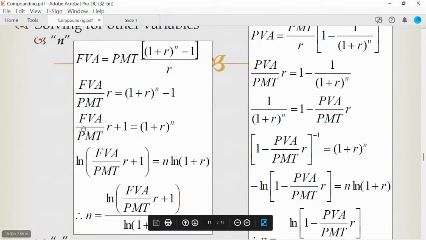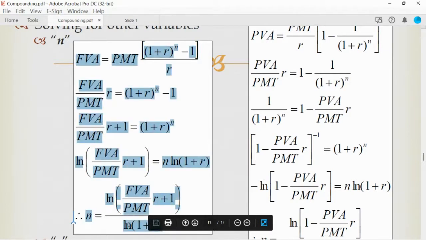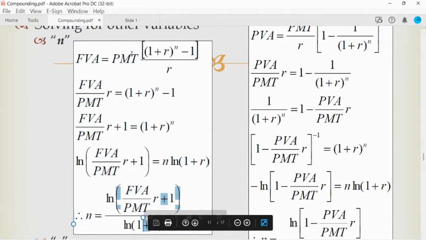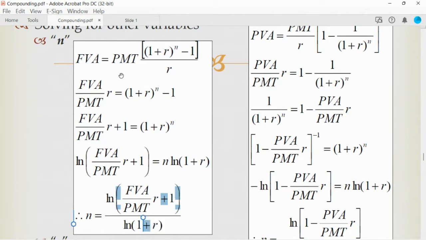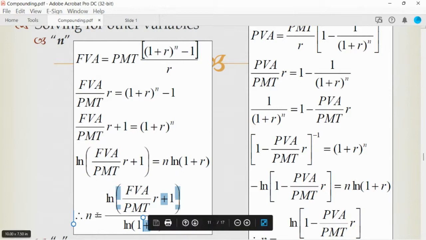The result of the formula is this, and whatever is above it are the steps of derivation from the base formula. Going through these steps, we have to use natural log for solving for n. There's no other way.